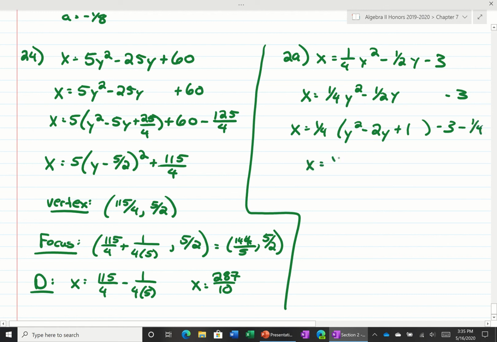And we get x is equal to 1/4 times y minus 1 squared minus 3 1/4. So we get a vertex, a focus, and a directrix for number 29.